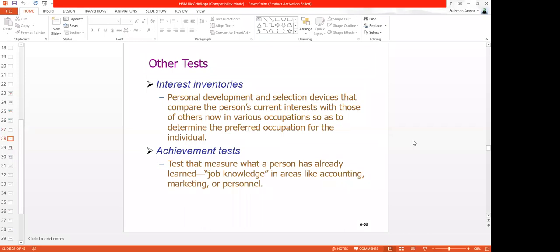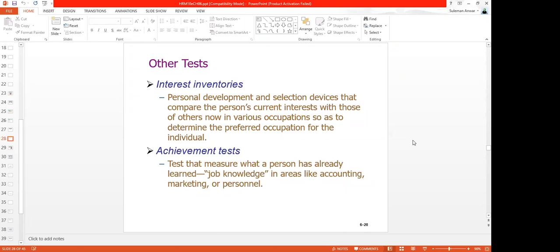Yet there are certain other tests which could always be conducted in our quest for finding the qualified person. The next topic we have is interest inventories. Interest inventories are basically designed to find out the career prospects for an individual, that is, which particular career is more suitable for a particular individual.